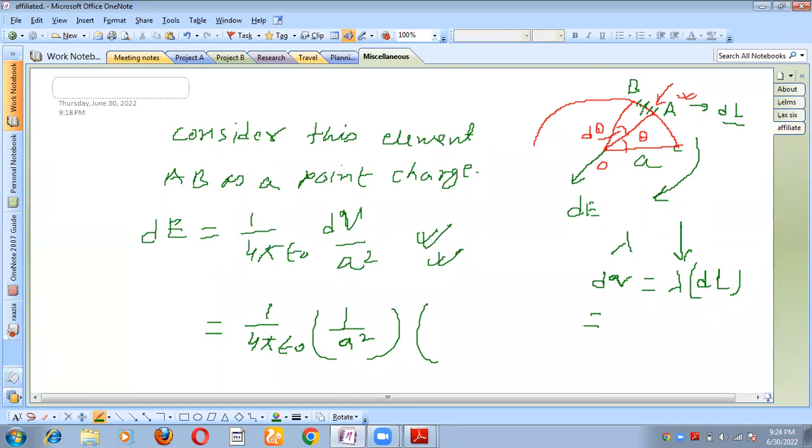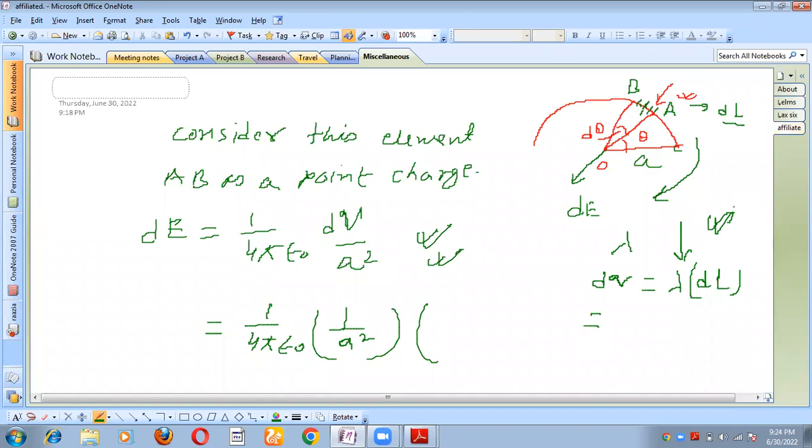It means the arc has charge with linear charge density lambda. Got my point? So to find the charge of an element having length dl, we will multiply by lambda. So charge on this element AB will be lambda into dl. Getting my point?